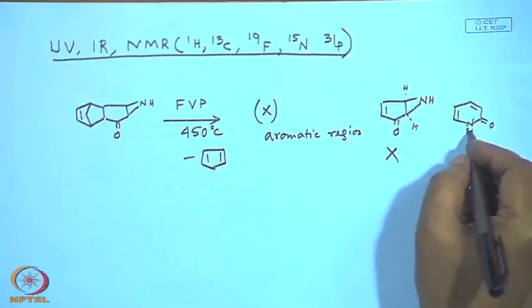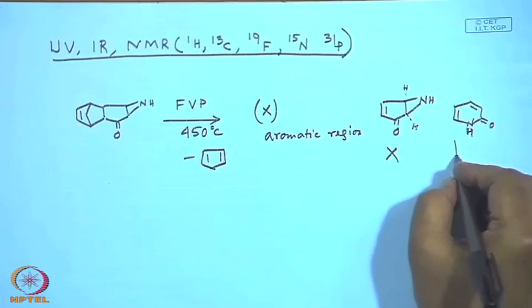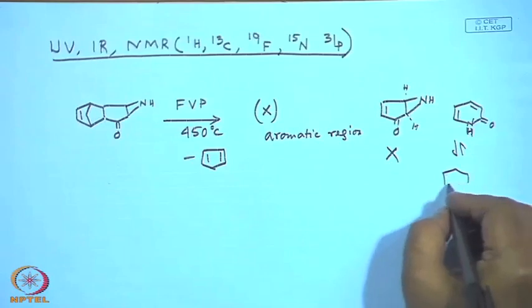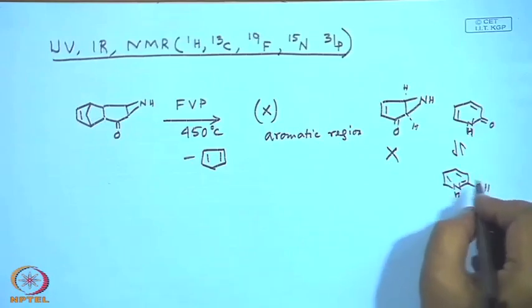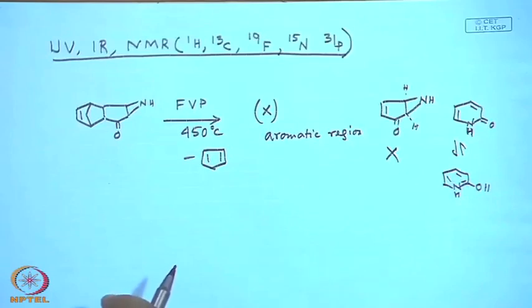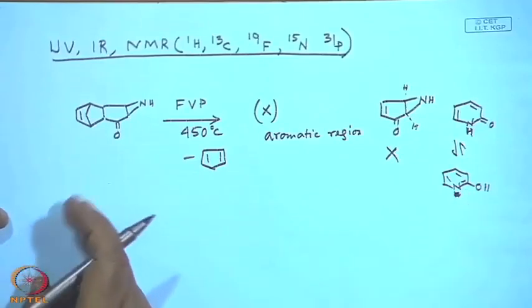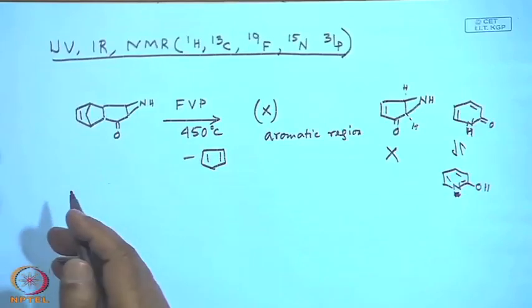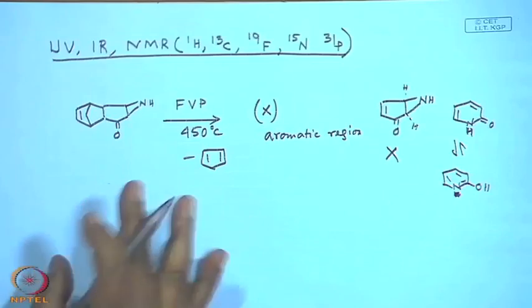But one can argue that this compound could also be 2-hydroxypyridine. So, this was a problem. How to establish this? It is a problem of tautomeric mixture of compounds.